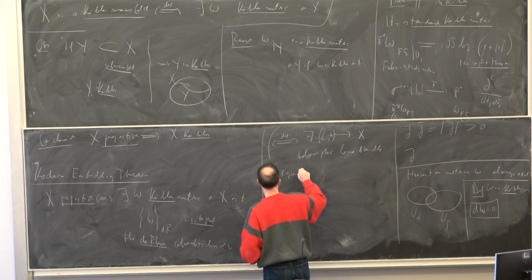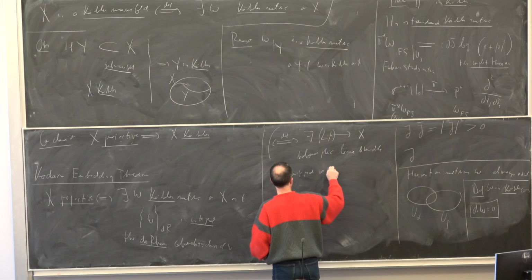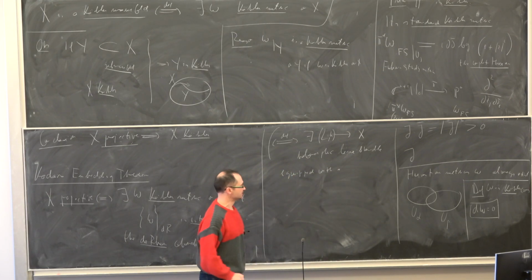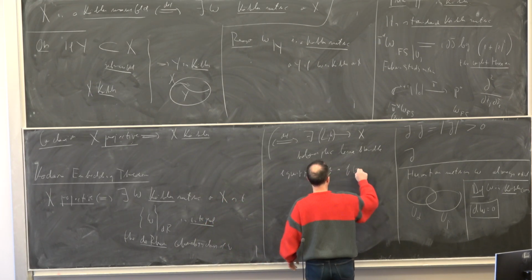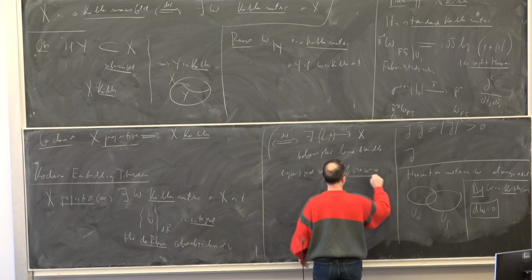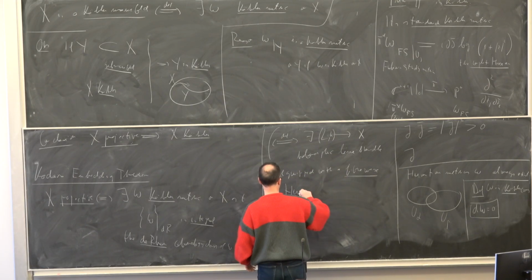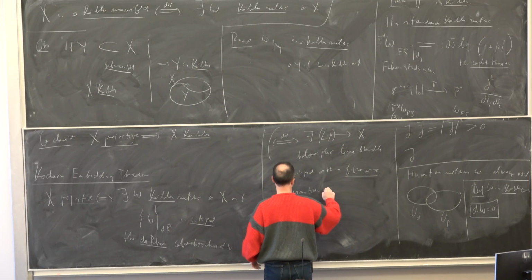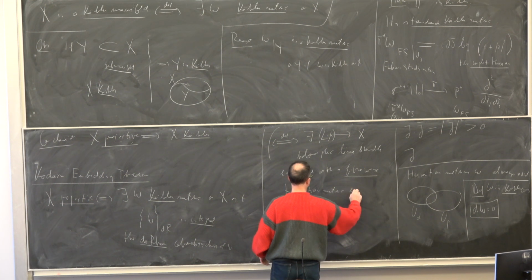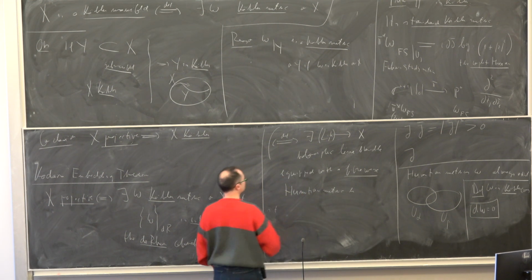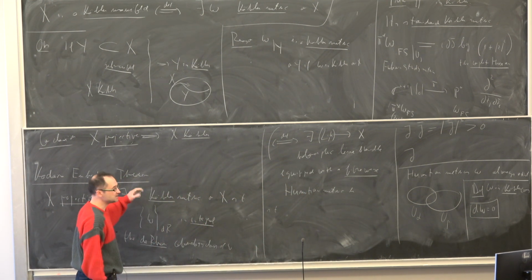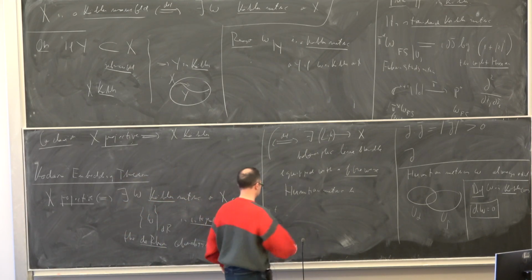equipped with a fiber-wise Hermitian metric H, such that the Kähler metric is exactly the curvature form of this line bundle.